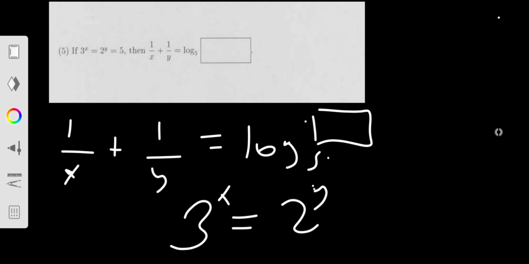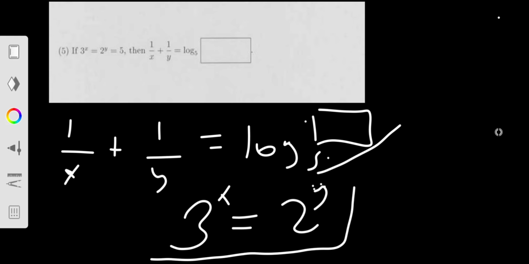I don't know. Maybe you can try it. Maybe you can find something cool with it. I went straight to the 3x and 5 because the question is in the log of 5. I thought it would be easier, but maybe by using this information you could find something else. Okay, so try it out, and this is it. See you.